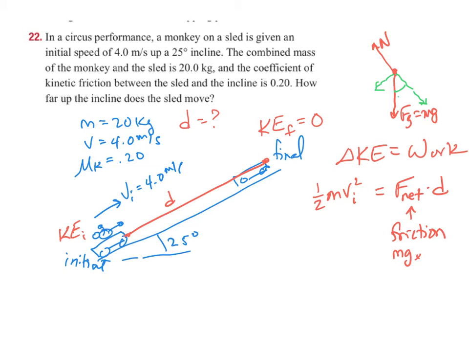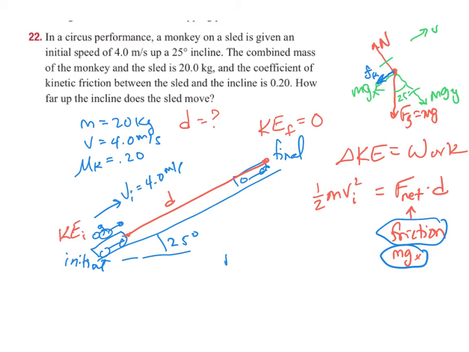Okay, there's our angle, 25 degrees. This is mgx, this is mgy. These two are equal to each other. But I also have friction here. Well, since the monkey and the cart are going up the ramp, friction's got to be acting in the opposite direction. Kinetic friction actually acts in the opposite direction. So I've got friction and the x component of gravity that make up the net force for my work.